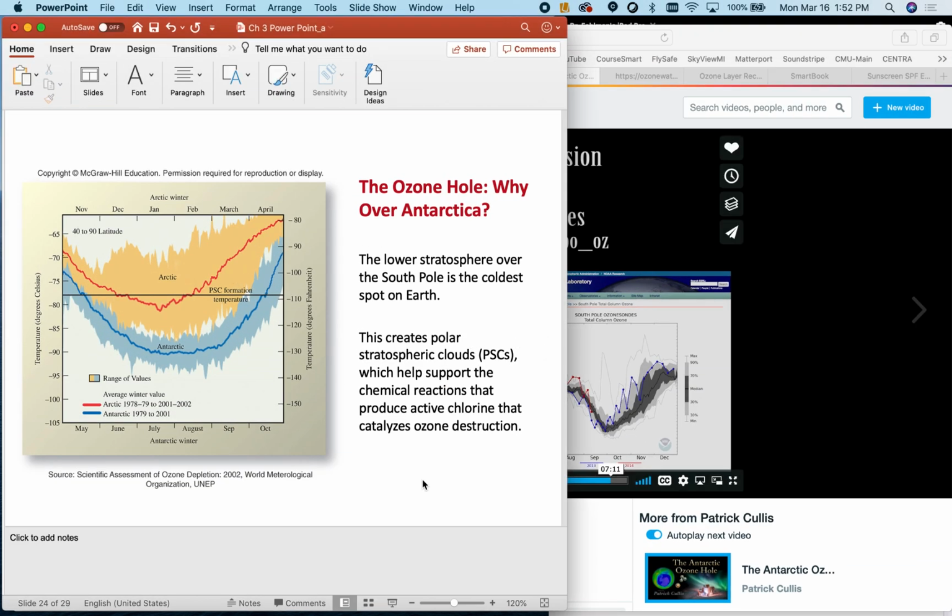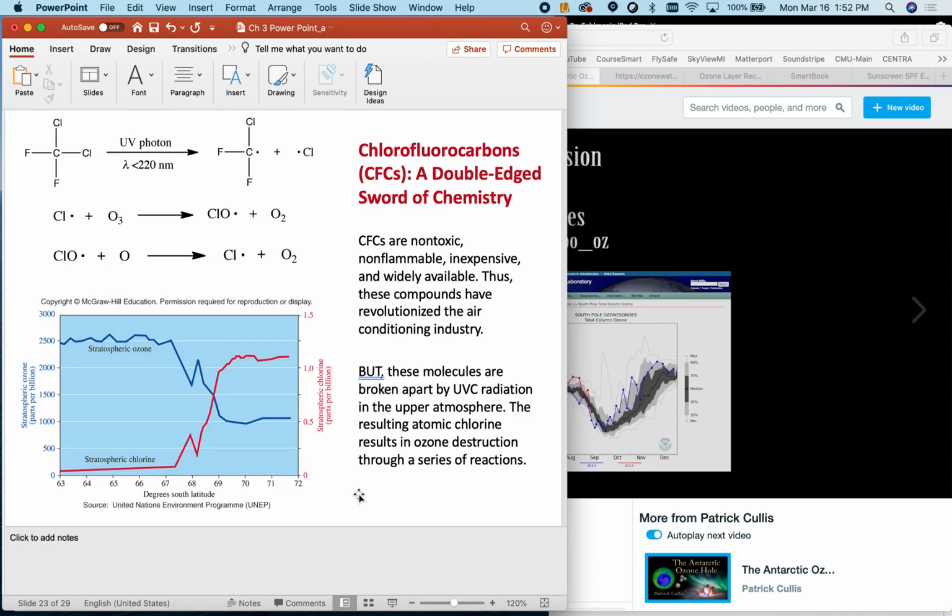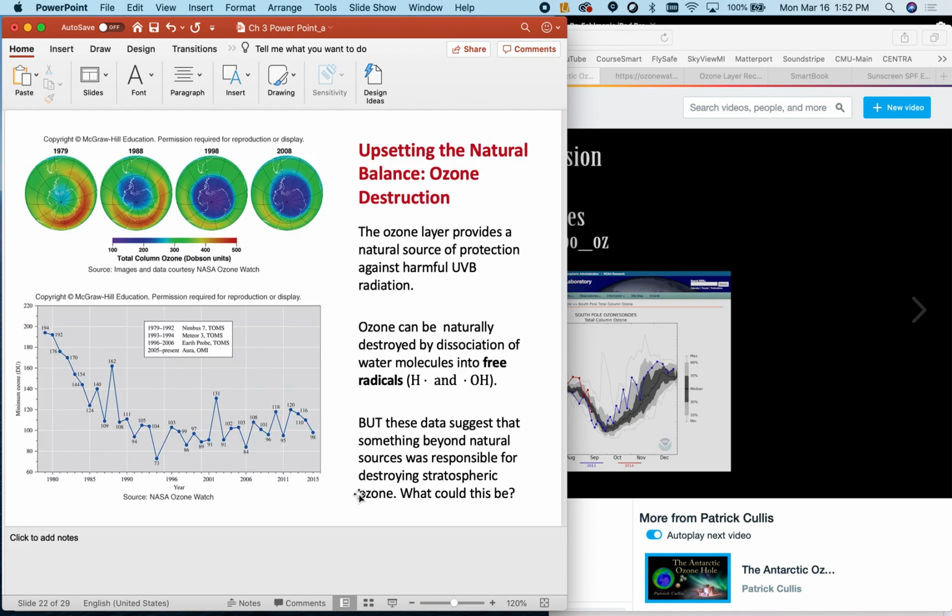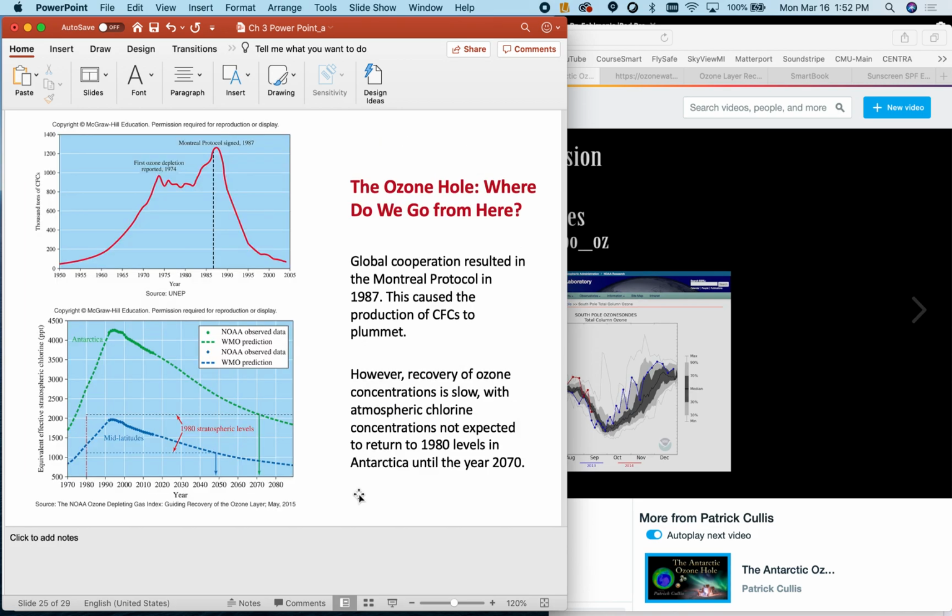The question is, the Montreal Protocol was signed, and the production... I guess I don't have it in a slide. Or yeah, there it is. So the Montreal Protocol was signed, and production of CFCs drastically went down.